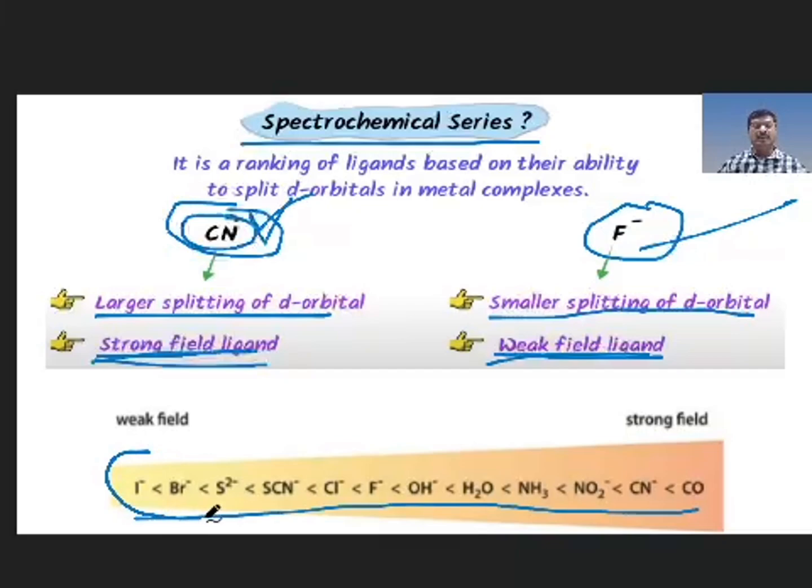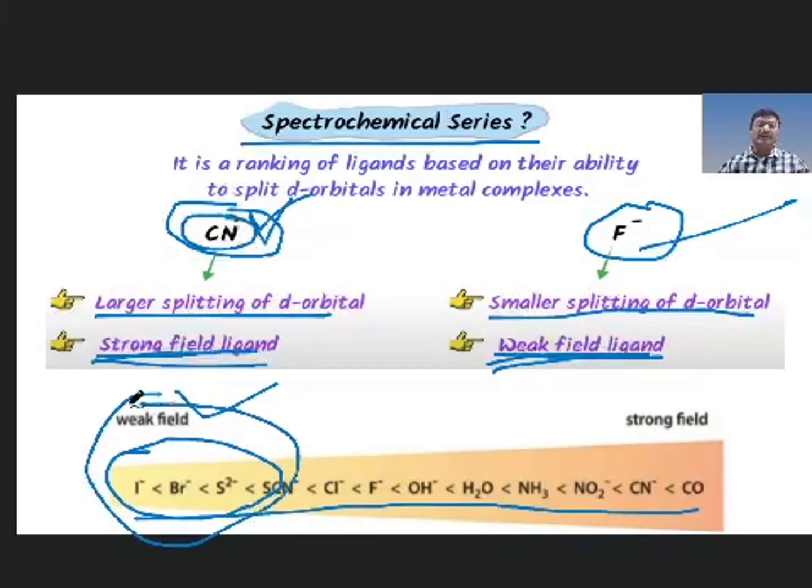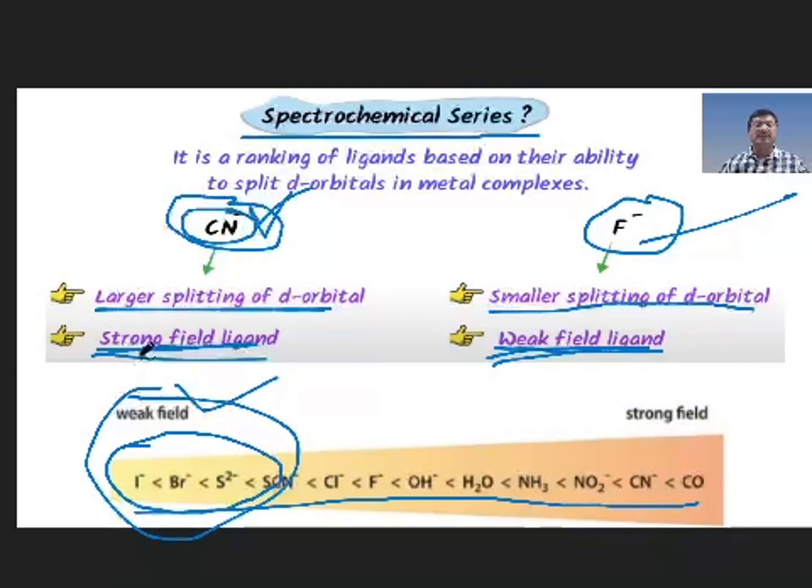So, for example, if we come to these ligands, iodide, bromide, sulfide, these are called weak ligands. That means weak field. What is the meaning of weak field? These ligands have less repulsion toward the central metal ion orbitals. And these other ligands are called strong field, for example cyanide, carbon monoxide.